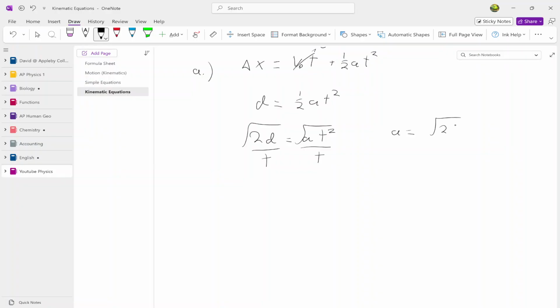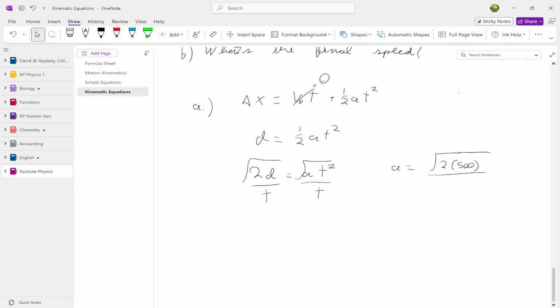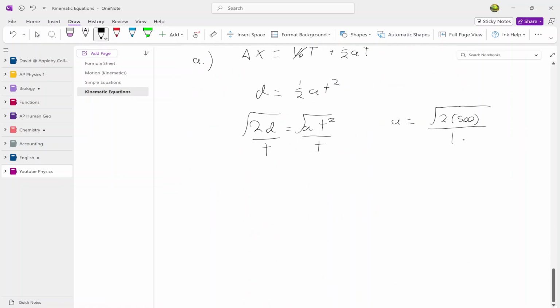Square root of 2 times 500 divided by time, which would be 10 seconds. So the acceleration is 2 times 500, square root, divided by 10.